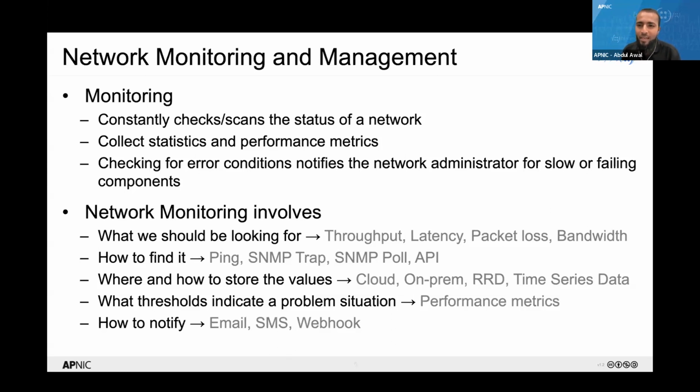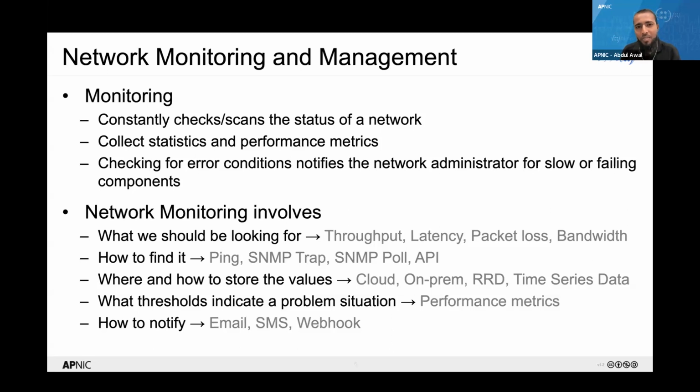And where you want to store that information, you might need to store it in the cloud or on your own premises in your data center. You might need to use a round robin database or time series database to store the data.